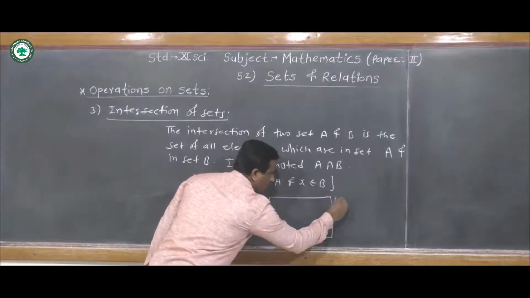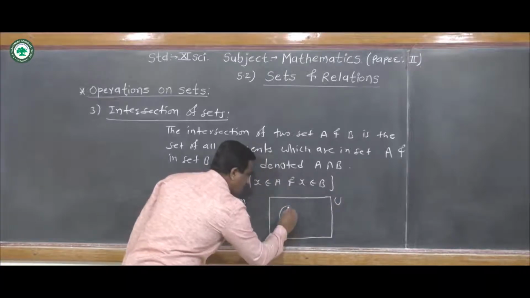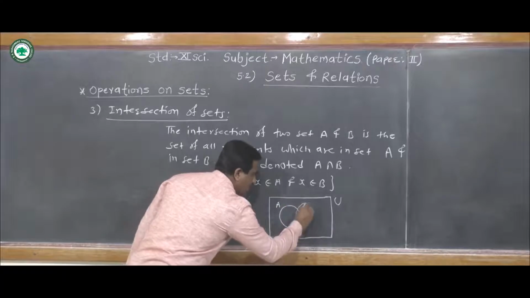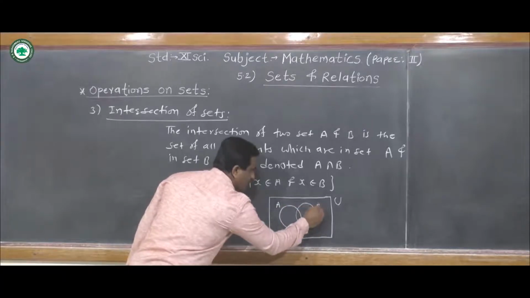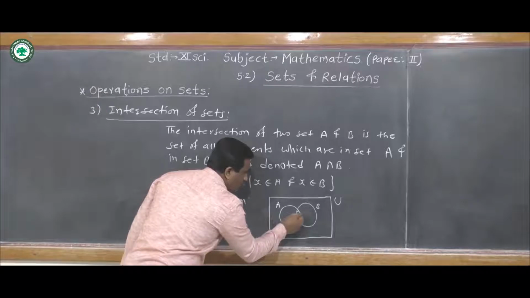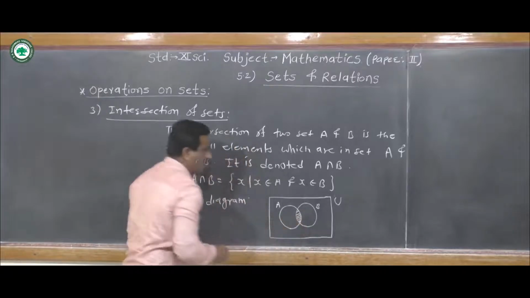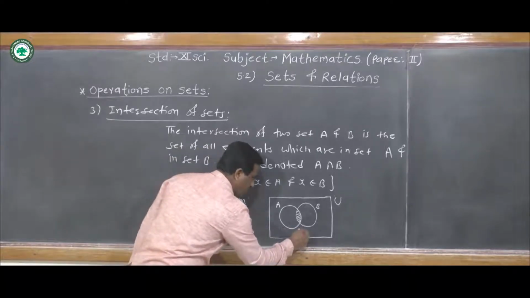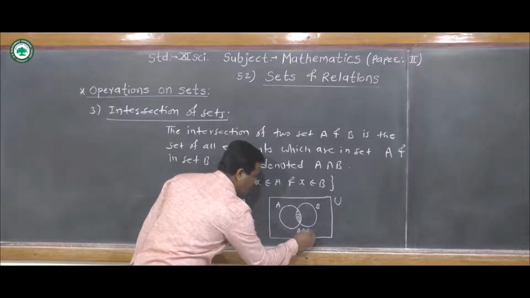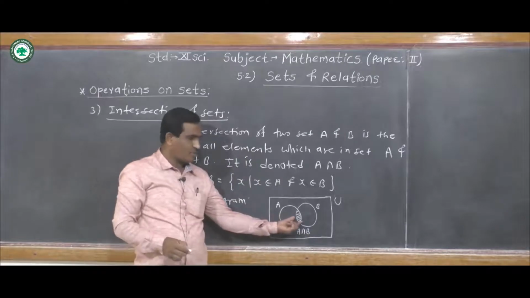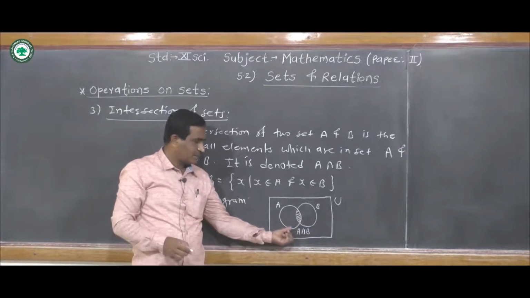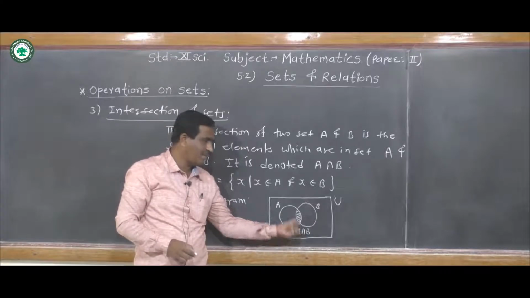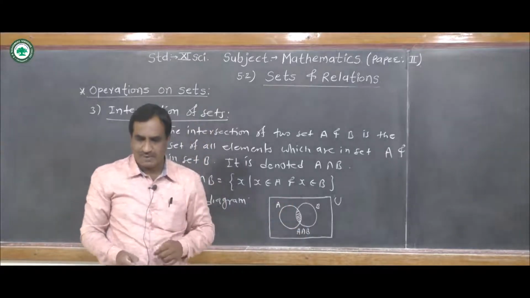This is the universal set U. This is the set A, given set A, and this is the set B. Now this shaded portion represents A intersection B. This shaded portion is the set of intersection of two sets A and B, and which is denoted by A intersection B. Now we see example here.